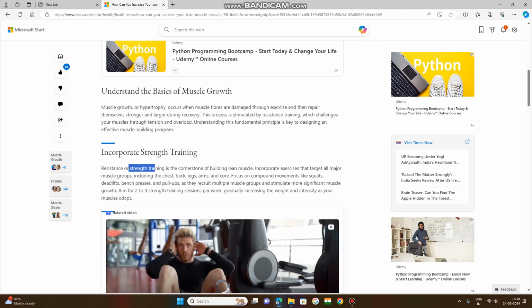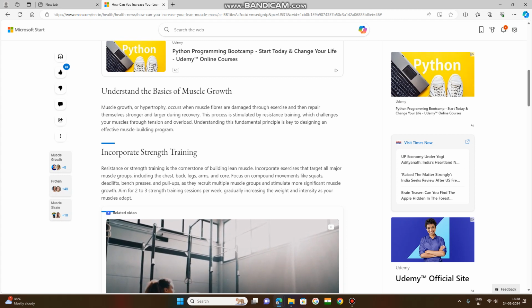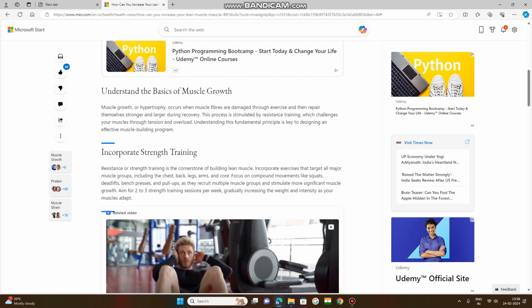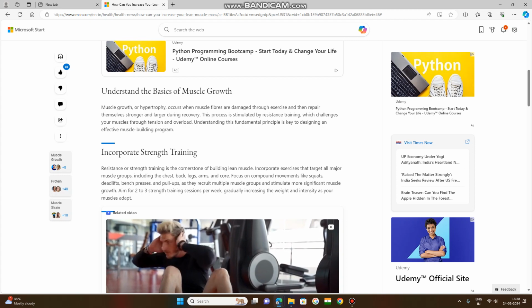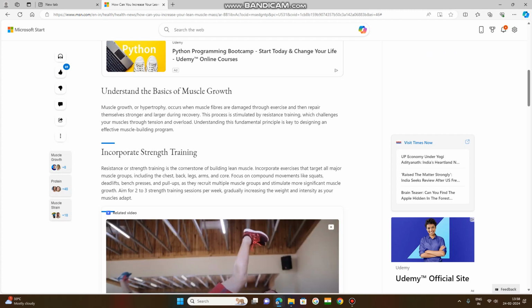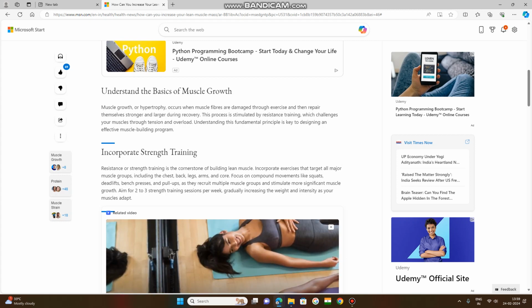While we are doing the exercises, at that moment we will be exhausted and tired. But even after that, your body should be ready to do the exercises. That is called resistance training.